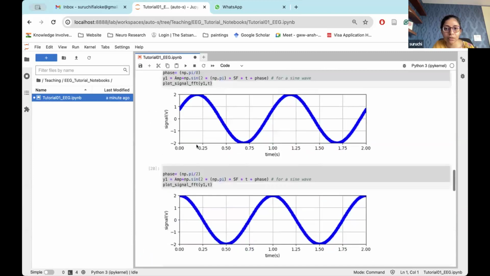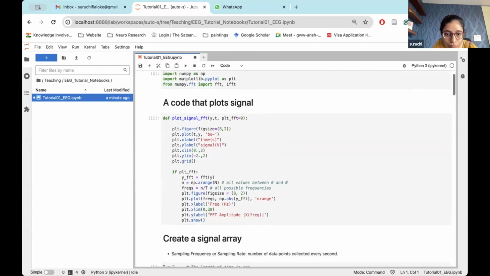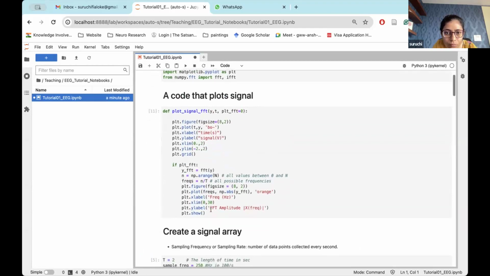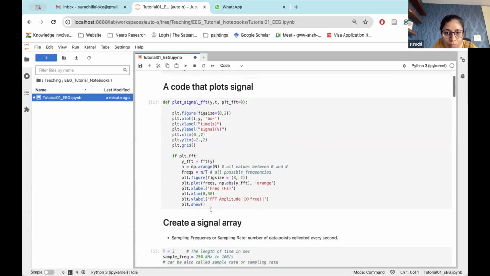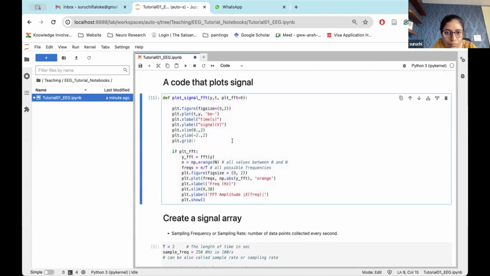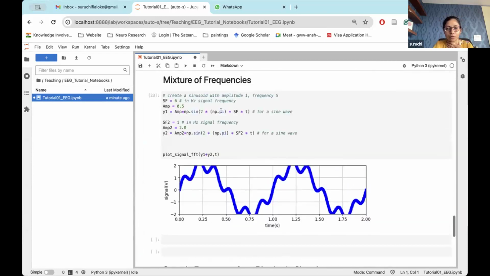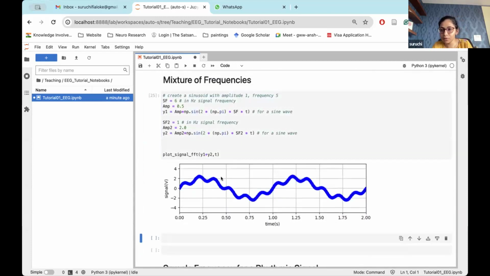Let me change the range here. If you mix two types of waves, you have a larger frequency wave and a smaller frequency wave, more like a delta, and on top of it I am adding a smaller frequency wave.